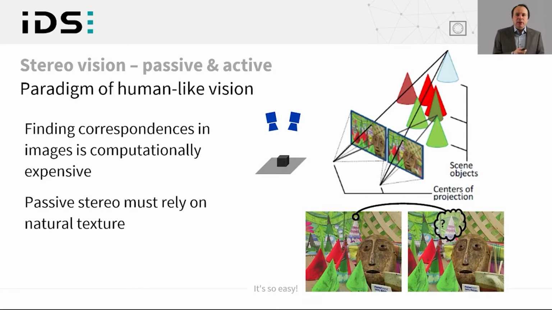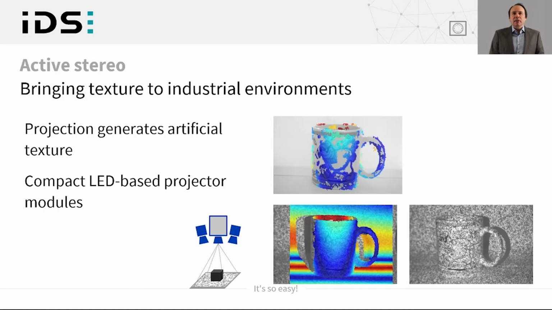In the case that is shown here, we look at colored stereo images, and you can imagine that finding correspondences in these kind of colored images, which show a lot of nice structure, that means a lot of texture, is possible. However, if we look at industrial setups, we often come to situations that have not such natural texture.